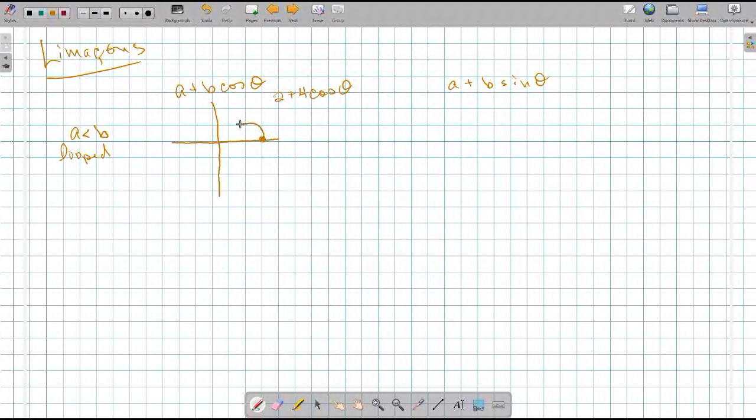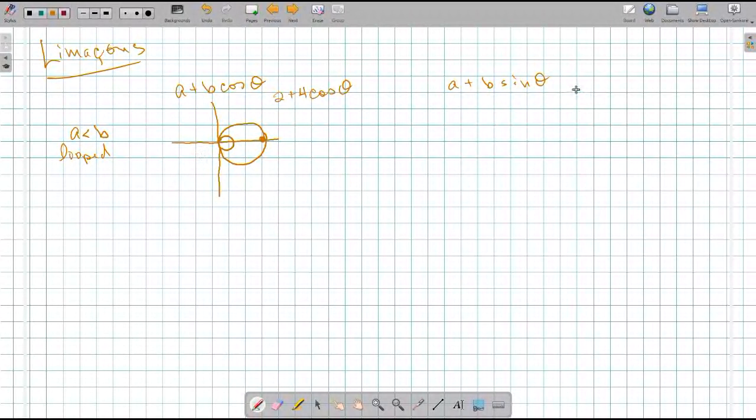But as I go through, I'm going to hit the origin and then come out with the loop that's going to be 4 minus 2, or 2 units away. And then I come back around. Notice again, because I'm dealing with cosine, I've got that x-axis symmetry.